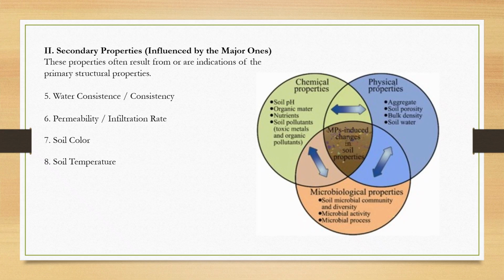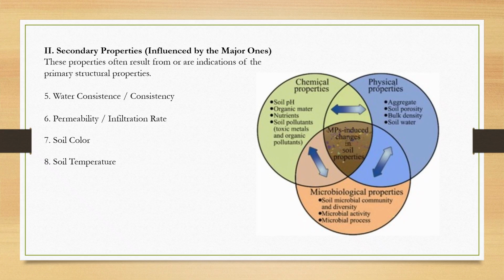The central dark brown overlapping area is the key focus of the entire diagram: the MP-induced changes in the soil properties. Here MP stands for microplastics.